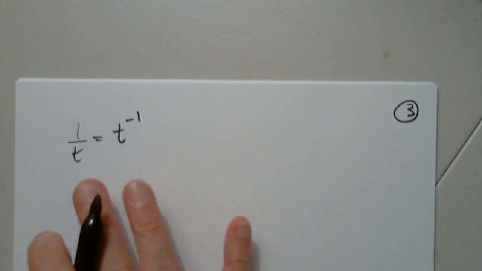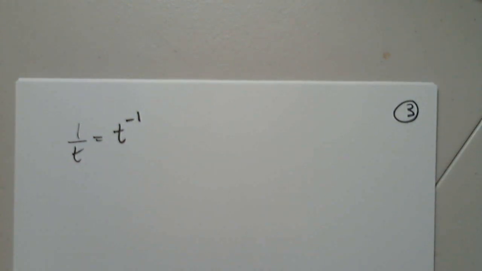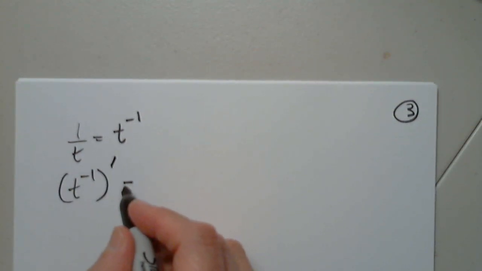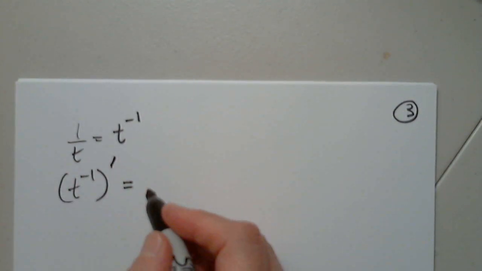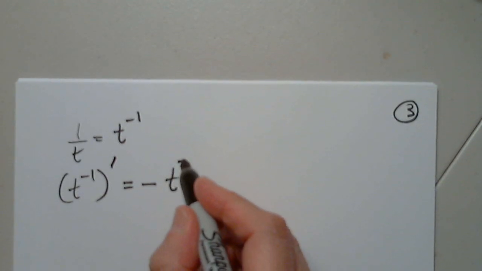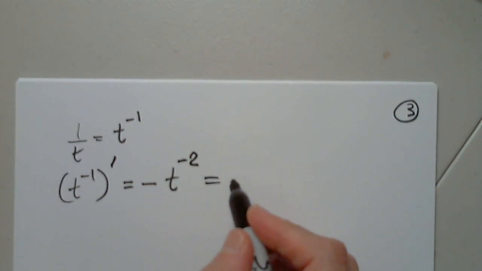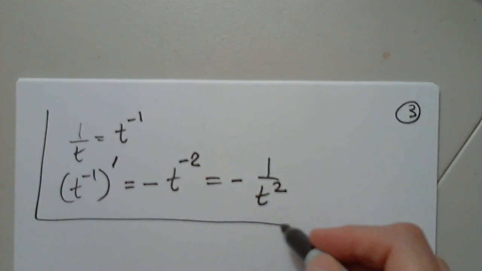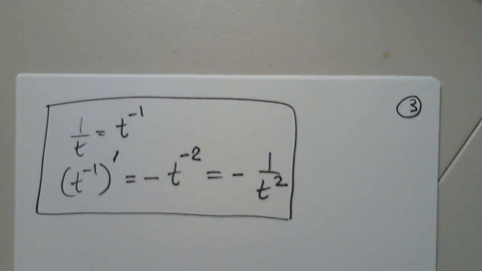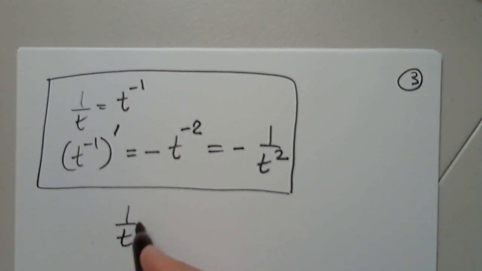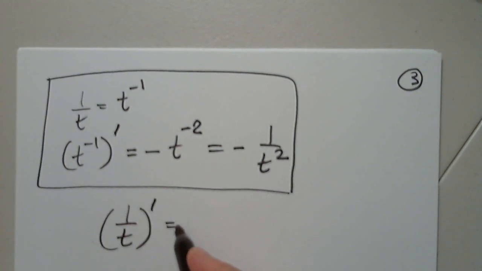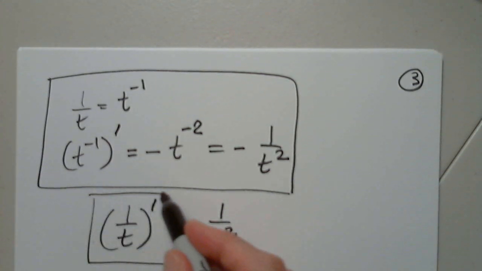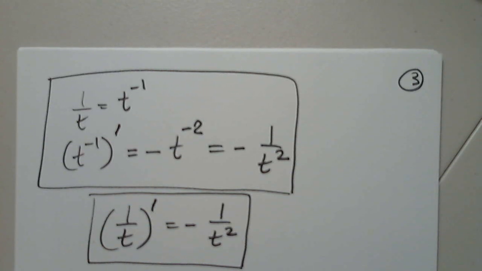Moving forward, we are going to know the formula. So when I differentiate t to negative 1, I use the power rule. Bring down negative 1 and subtract 1 from the power. And this turns out to be negative 1 over t squared. In short, we have to remember moving forward that 1 over t prime is negative 1 over t squared.